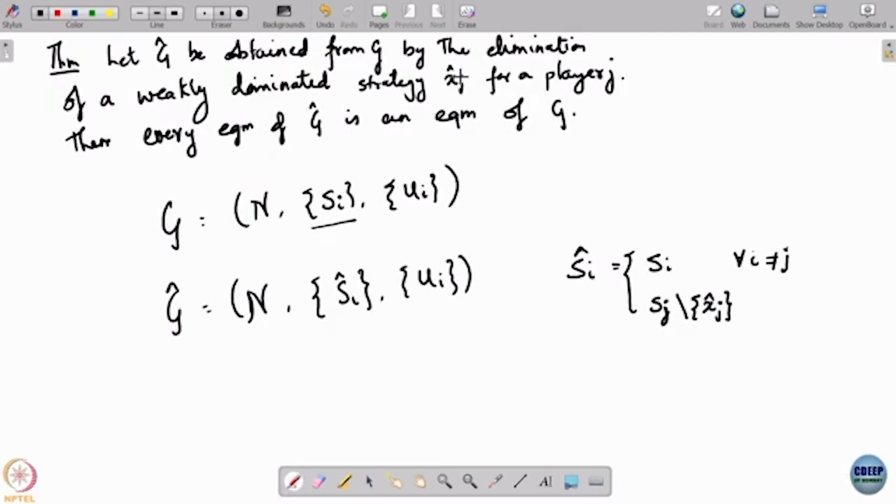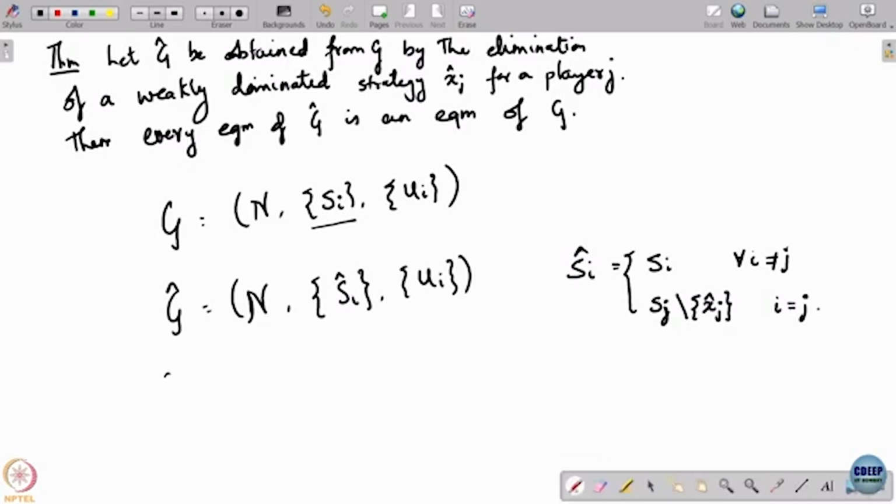So, this is for i equal to j. In other words, all other players' strategy sets were held the same. It was player J's strategy set that we changed, and how did we change it? We removed one particular strategy x hat j from this. And what was special about x hat j? x hat j is a weakly dominated strategy.